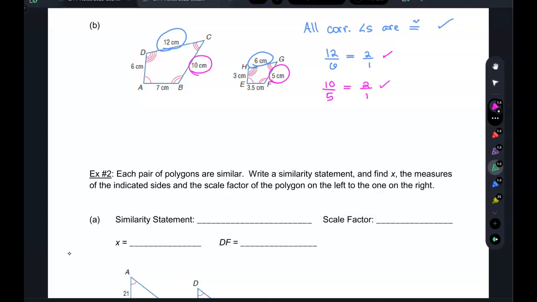Good so far. 7 to 3.5. Yeah, 3.5 goes into 7 twice. Good. And lastly, 6 to 3 ends up giving us a 2 to 1 ratio. So yes, they are similar.